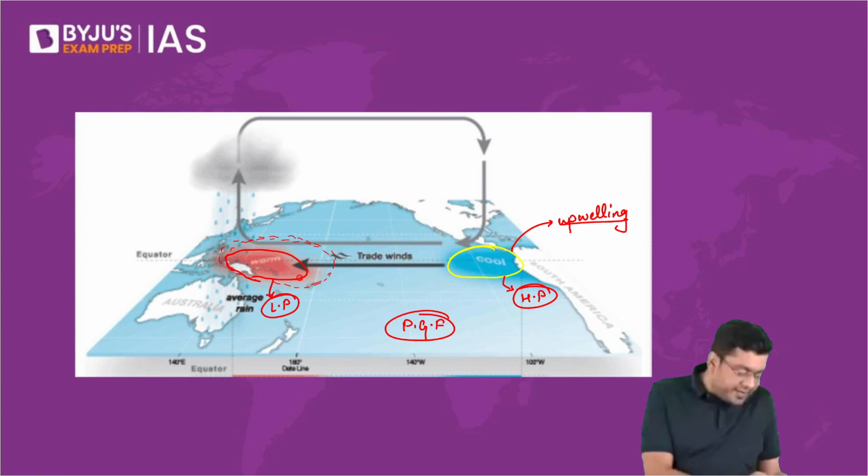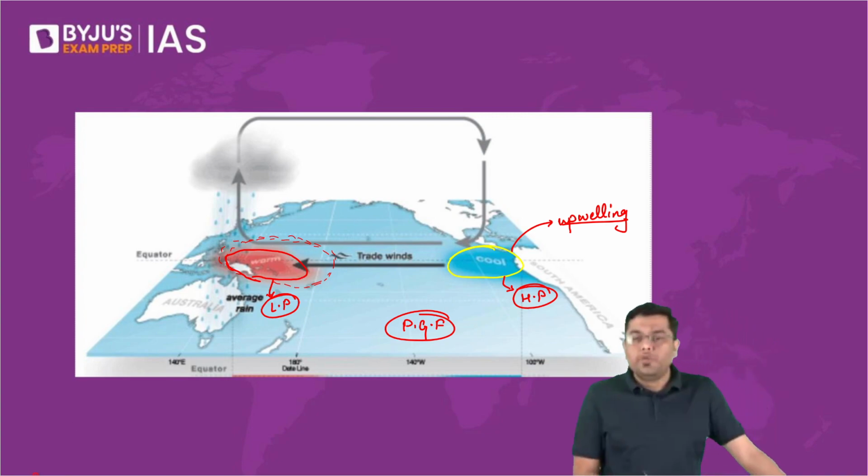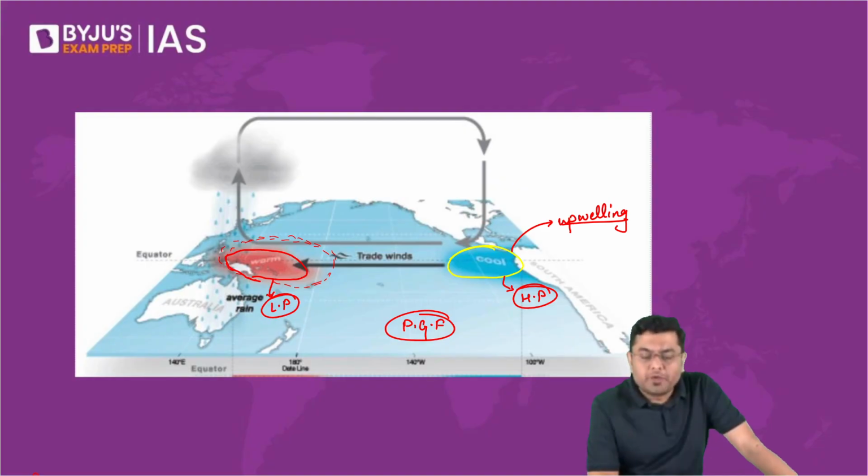So as the area of warm water increases, what do you think will happen to the intensity of low pressure? Will the low pressure get strengthened? Will it weaken? Or will it not get impacted at all?